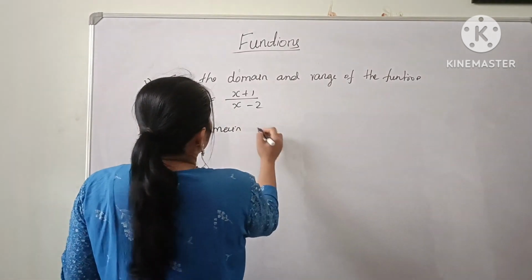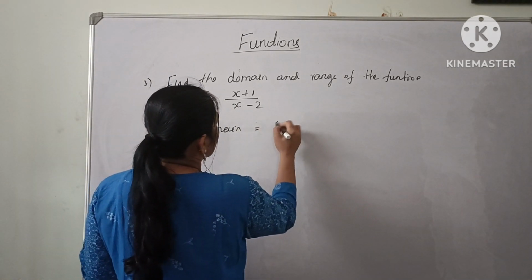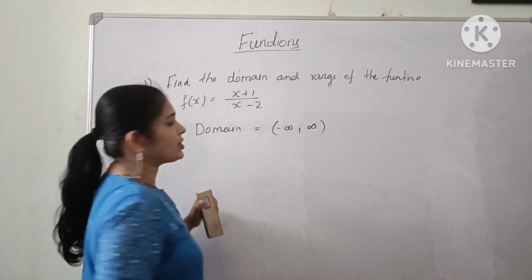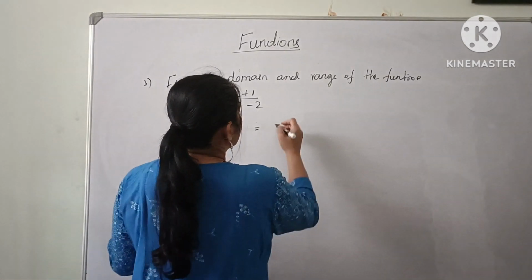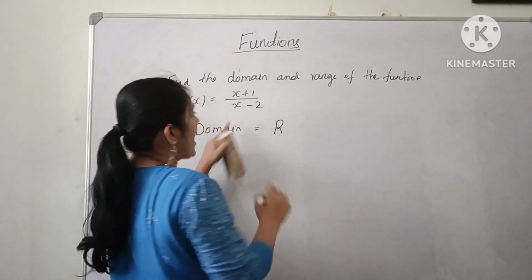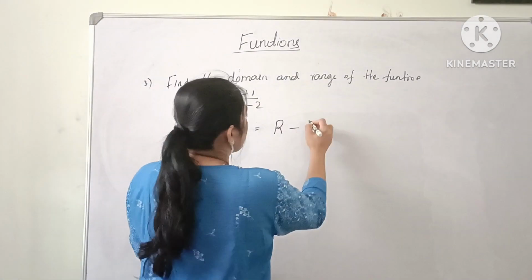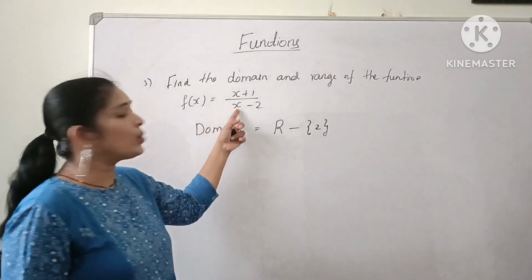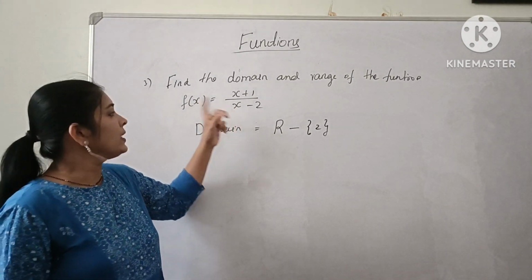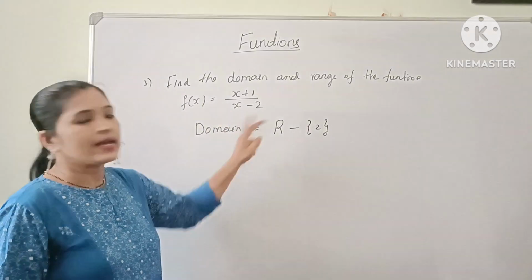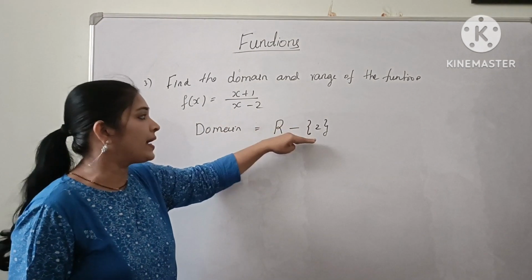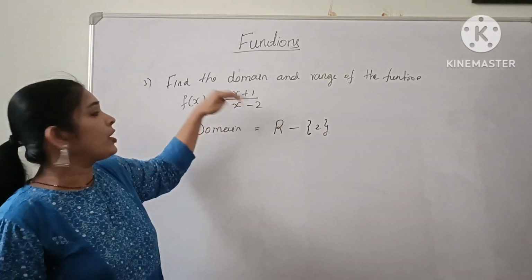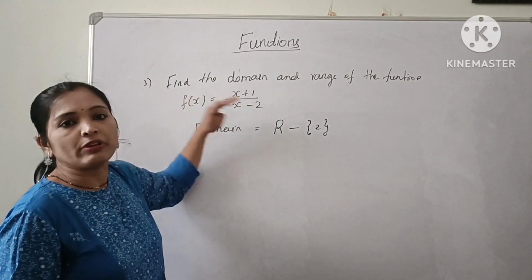Domain is minus infinity to infinity except 2, or you can write R, the set of real numbers R except 2, that is R minus {2}. If x is equal to 2, it will not be defined. Therefore the domain is the set of real numbers minus {2}. Except 2, in all the real numbers this function will be defined.